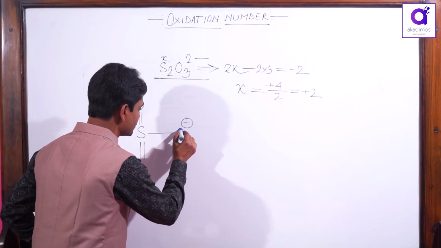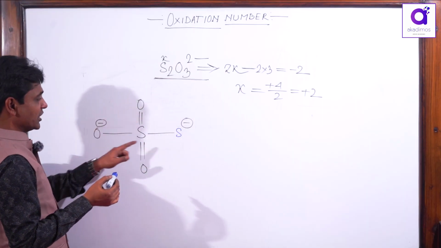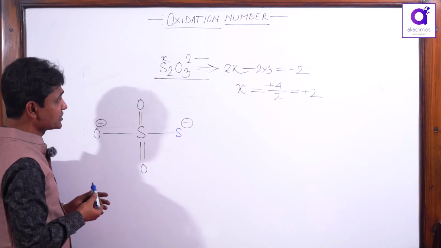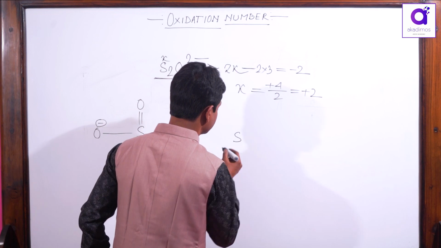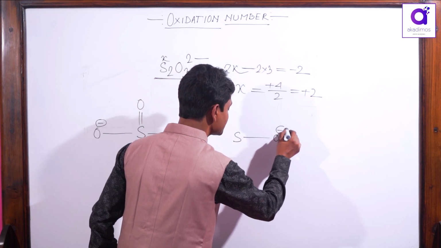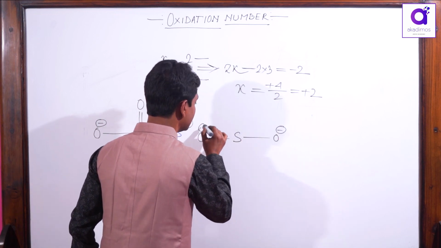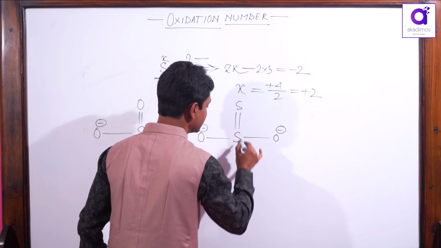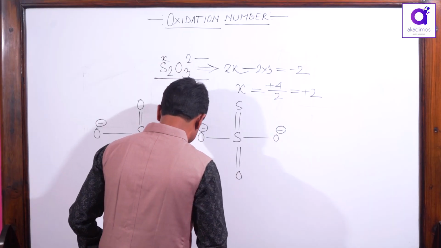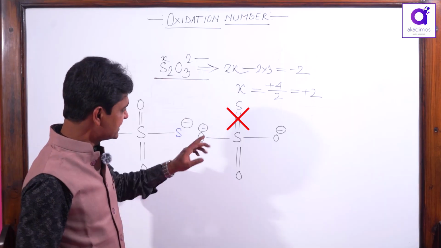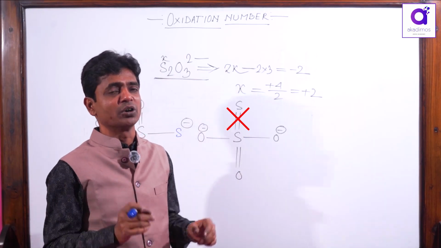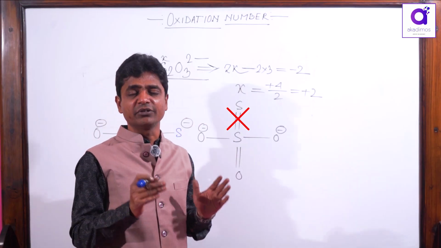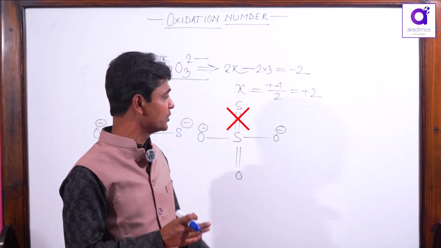If I replace this oxygen, this is thiosulfate, S2O3 2-. You can replace the double bonded oxygen like this one. This is O-, O-. This is double bond S, double bond O. But remember, this is a rough structure, since sulfur never makes any pi bond. Since a 3p pi bond is very weak, they never form any pi bond.